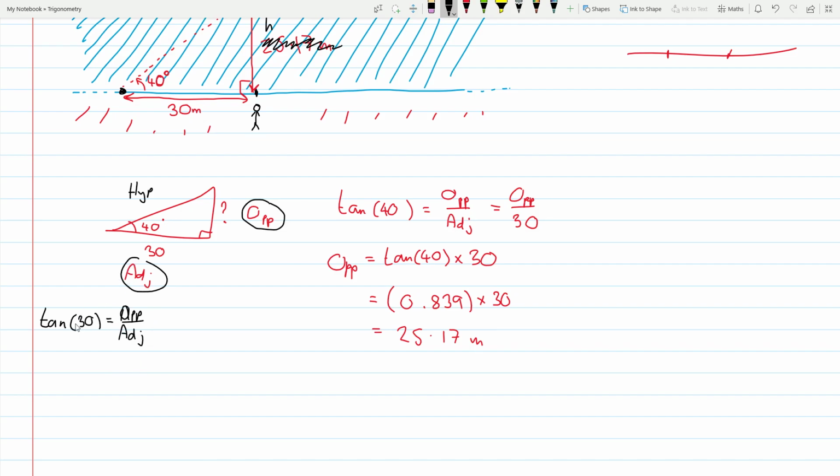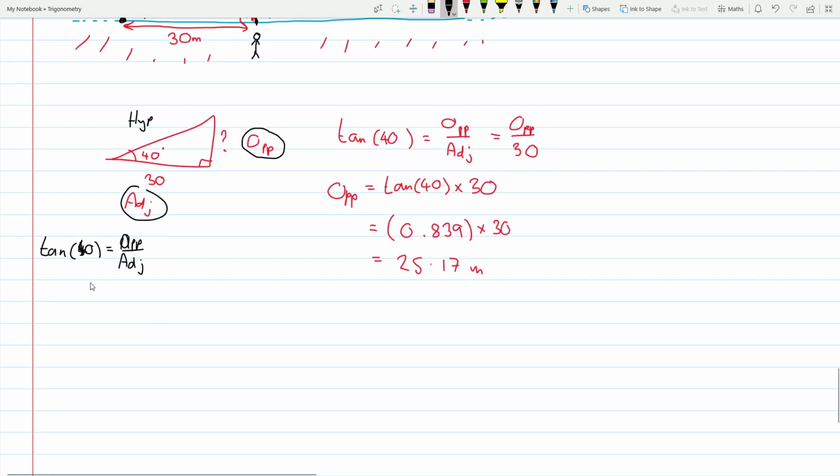So without even plugging anything in, we have this relationship, and then when we do plug things in, we want to find the opposite because this is the unknown, but we know the adjacent is 30 meters, and so we can solve for the opposite by multiplying both sides by 30. So we then get 30 times tan of 40, and plugging this into the calculator gives us 25.17. So that's how we did it.